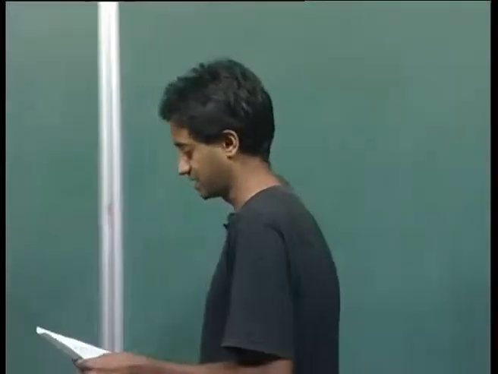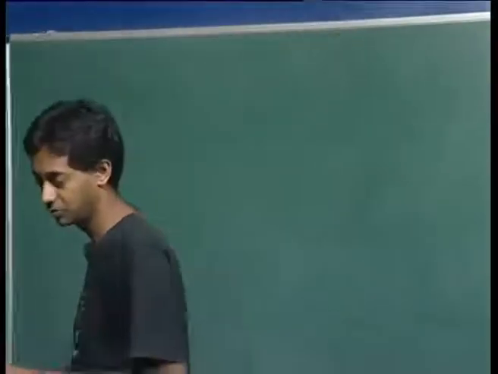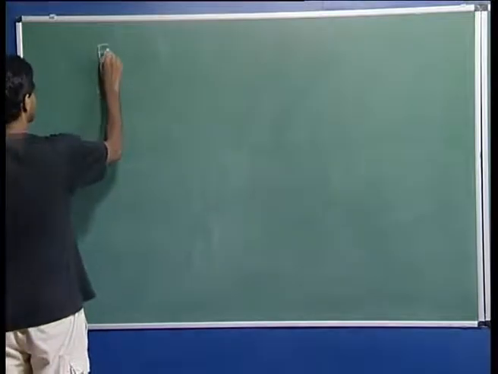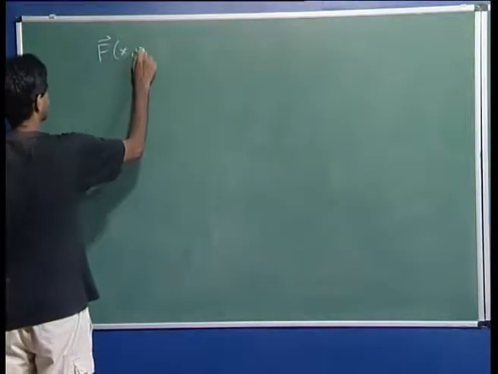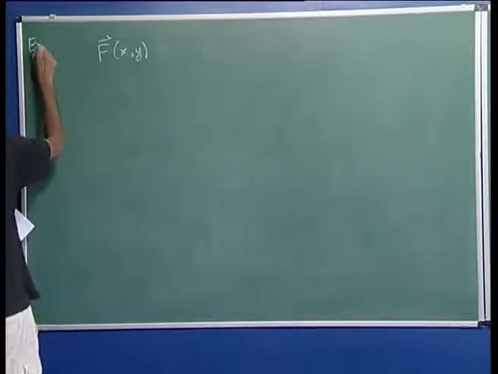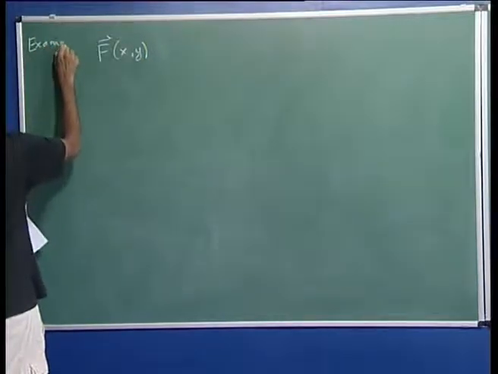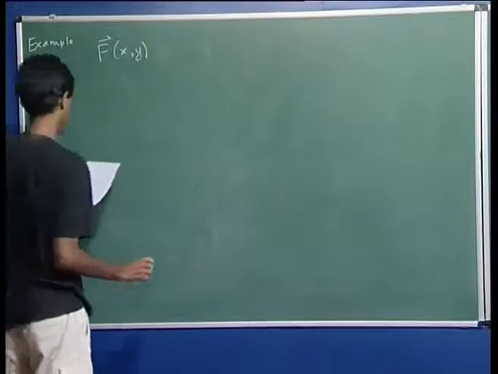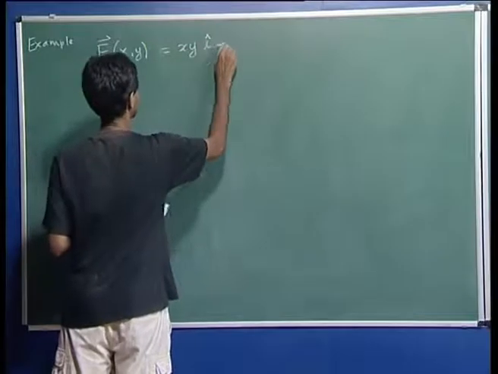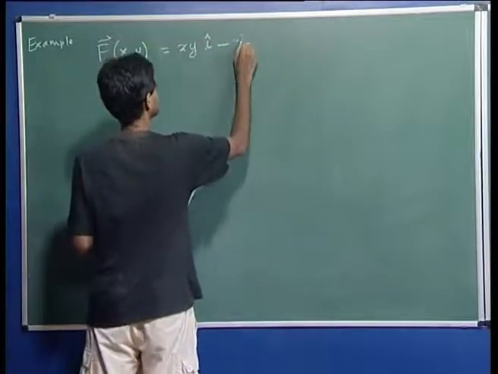Okay. Now, let us do an example where we calculate a line integral of a certain force along two different paths. So, the force is given by f of x y. This problem is in two dimensions, x y i minus x square j.